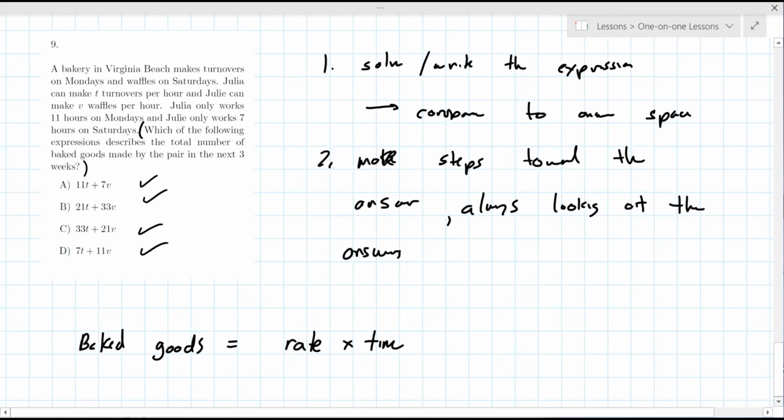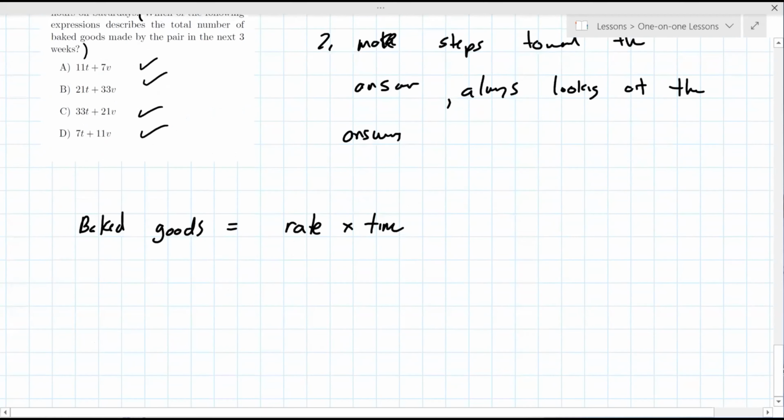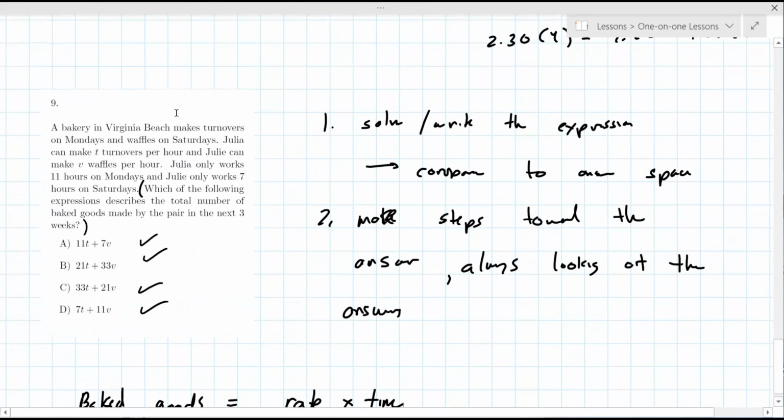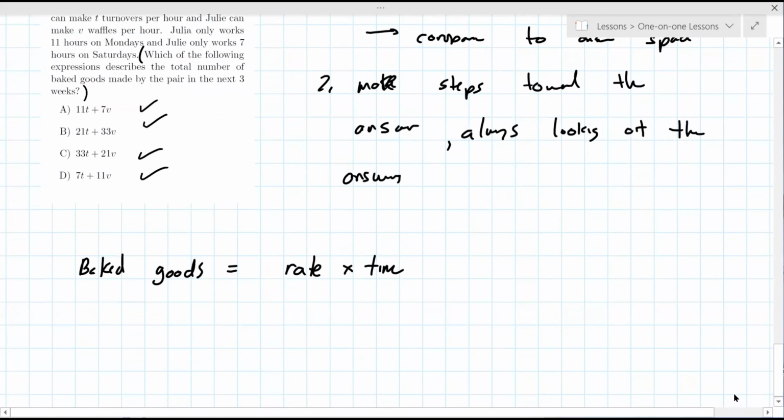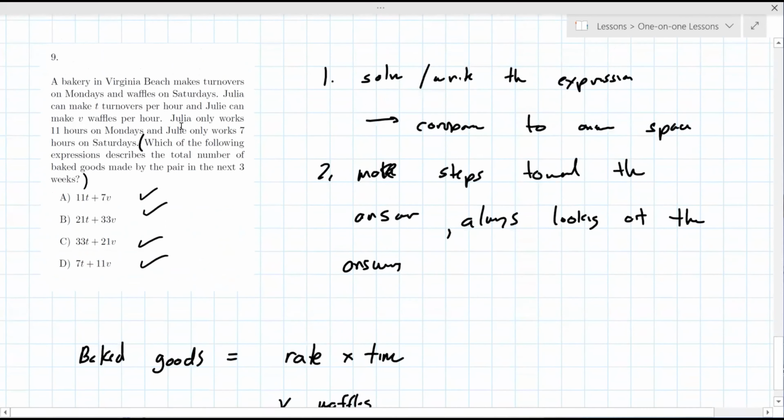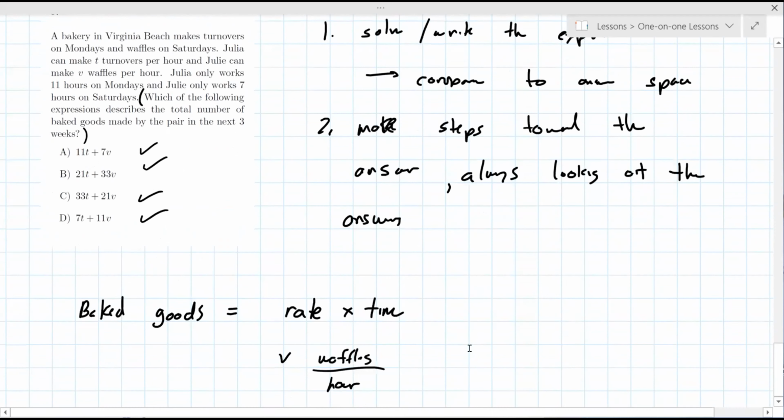So, for example, here we've got Julia. Julia makes V waffles per hour, and she works 11 hours on Monday, one day a week.